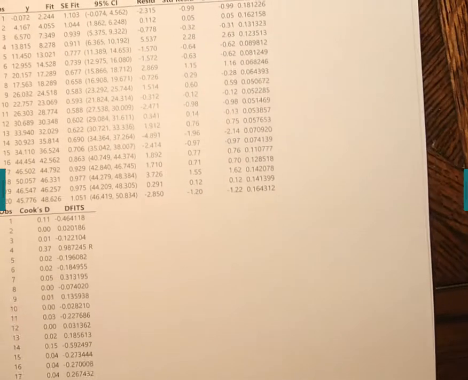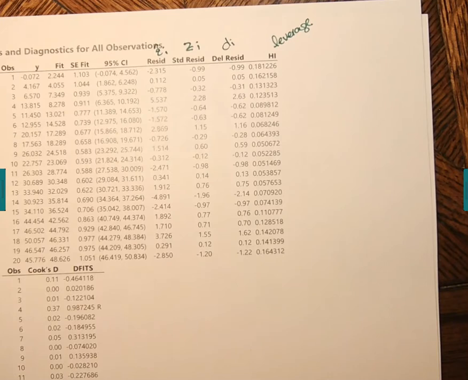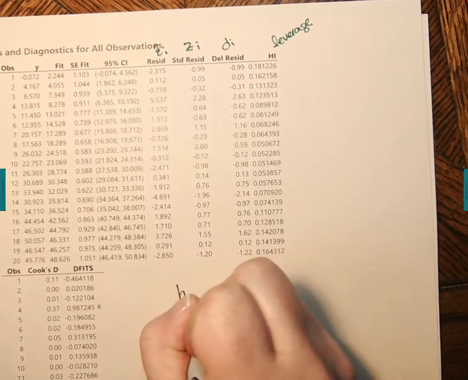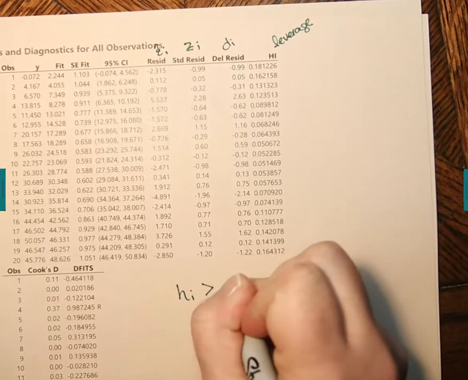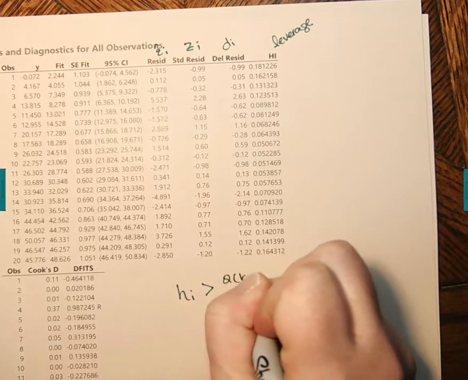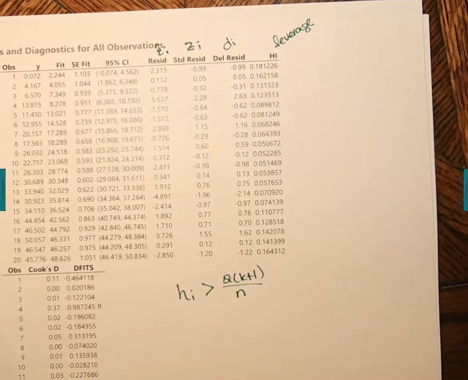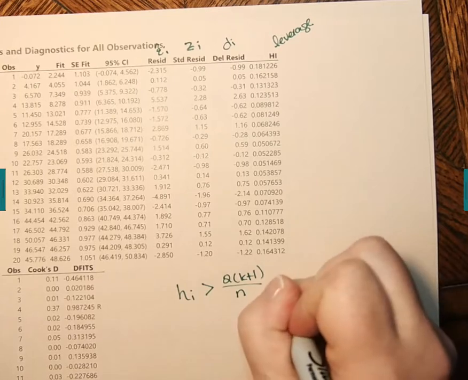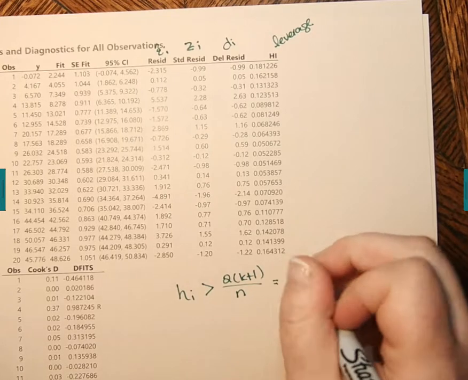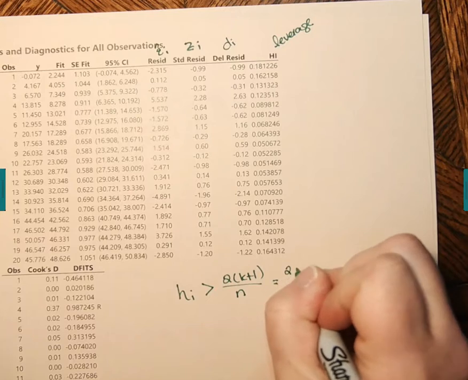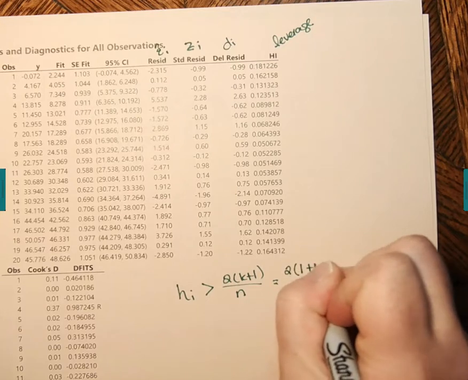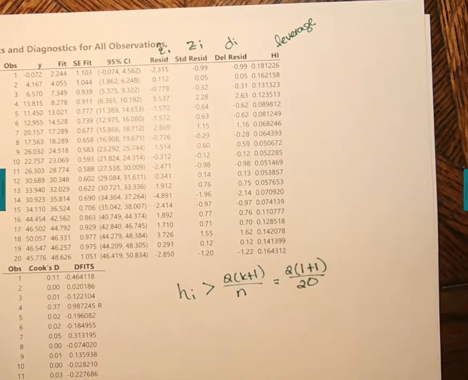All right, so the first thing we're going to do is look at our h's. Remember that we consider hi to be high if it's greater than 2 times (k plus 1) divided by n. In this case, that is going to be equal to 2 times (1 plus 1) divided by 20.